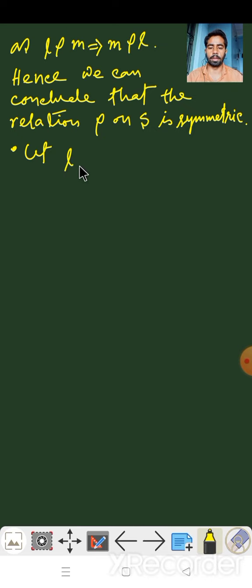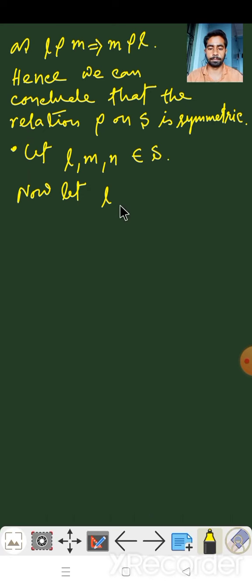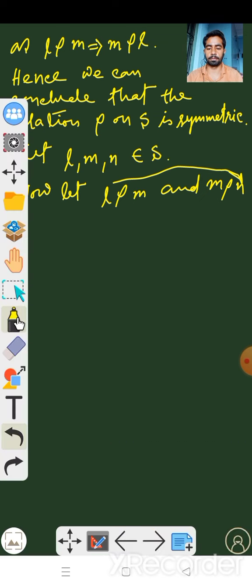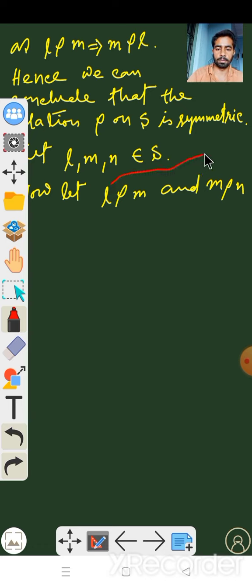Let l, m, and n belong to S, that is, there are three lines in S. Now let l be related to m, and m be related to n. We will check whether l is related to n or not.